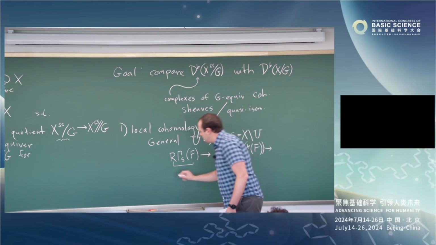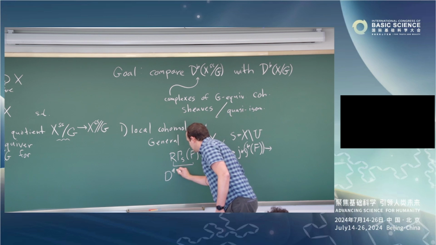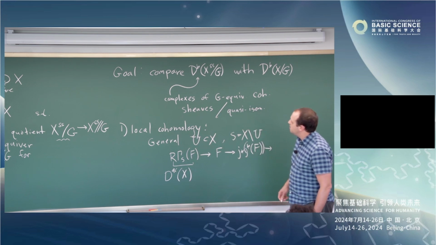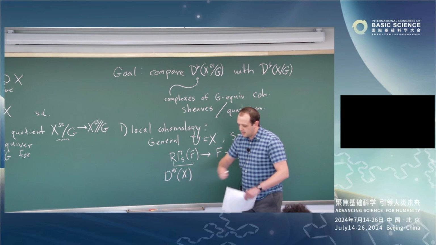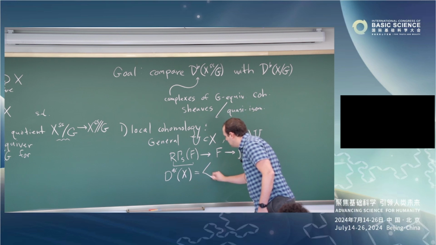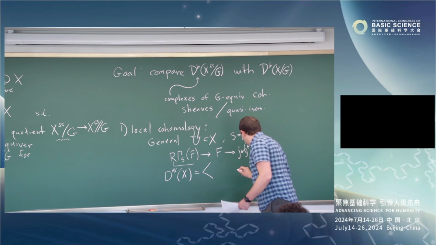So what they call this, usually in a slightly different context, but you can think of this as a semi-orthogonal decomposition. This time I'm talking about the unbounded derived category of quasi-coherent sheaves.